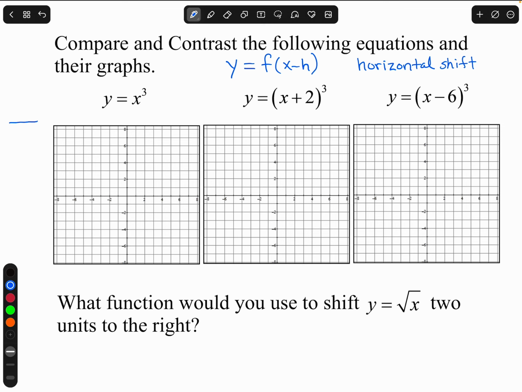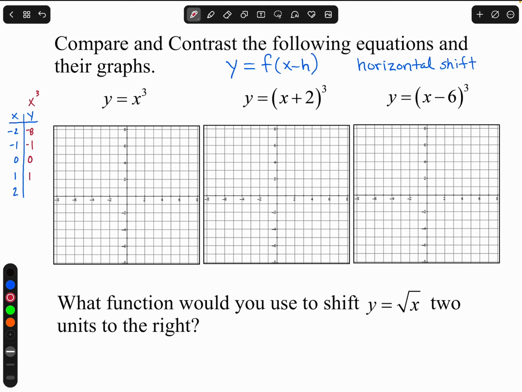Let's use our cubic function just to help us as an example. So we'll put our parent table here. We have x and y. We have -2, -1, 0, 1, and 2. And so remember, every time we plug in a number here, it's like we're cubing it. So when I plug in -2 and cube it, I would end up with a -8. -1 cubed is -1.